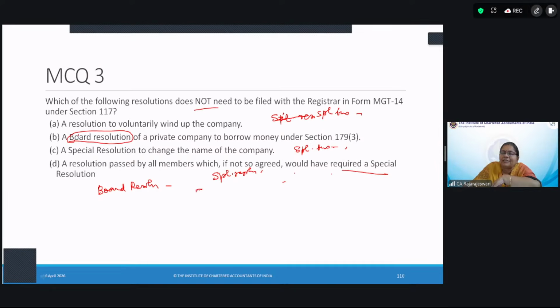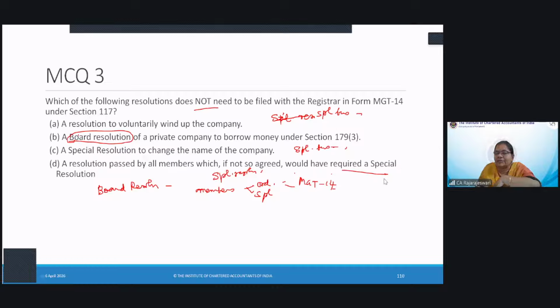The public are involved, the members are involved, then you pass a resolution, ordinary resolution, special resolution, then you have to file MGT 14. For a board resolution, do you file that resolution copy with the registrar? And that too, the thing given is to borrow money of a private company. So this is the odd man out. Here it's very clear you need not file the board resolution with the registrar of companies.